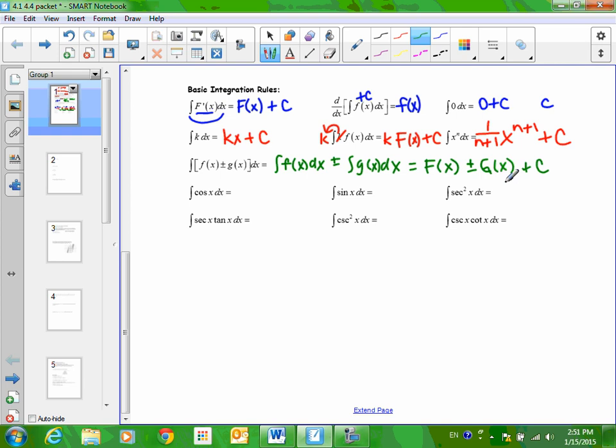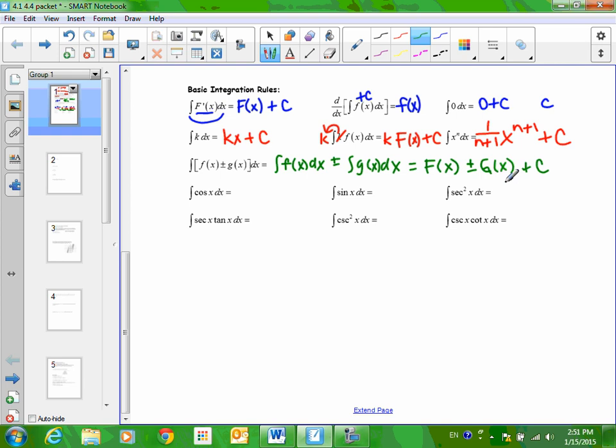Remember, the derivative of a co-function is negative. So the derivative of cotangent, cosine, cosecant, those are all negative. The derivative of secant is not negative. It's just secant x tan x. Okay? What's the derivative of cotangent? Negative cosecant squared x. Okay? Derivative of cosecant.